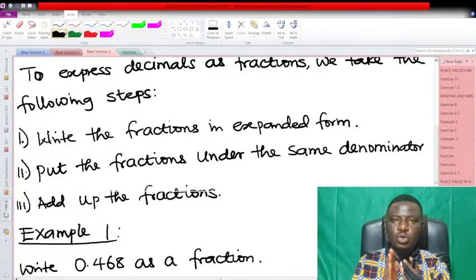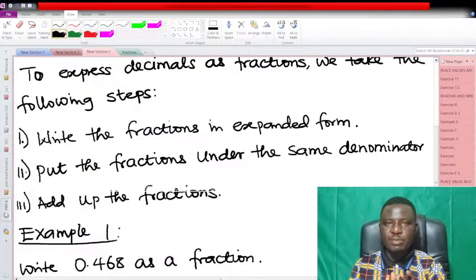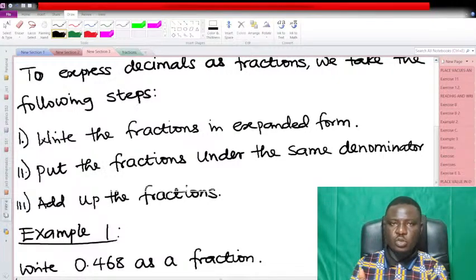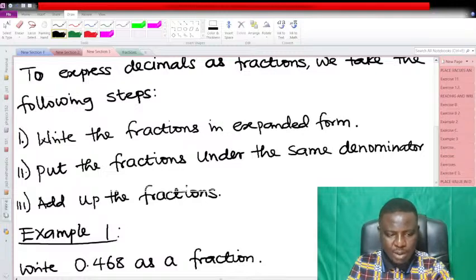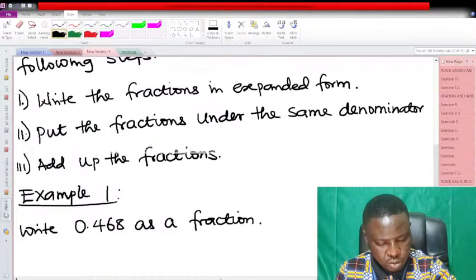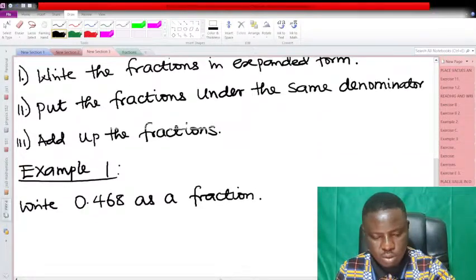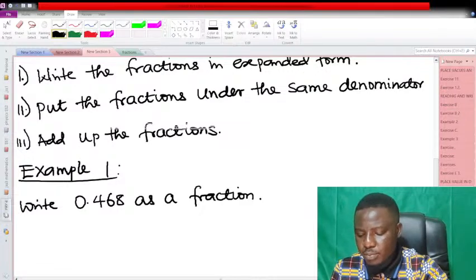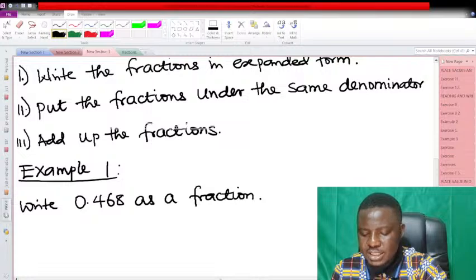So I'm going to use these 3 steps in order for us to express decimals as fractions. I will show you how to express decimals as fractions, and in turn, how to express fractions back to decimals. Although we have done some of it, I'm going to do it. So example 1, we are asked to write 0.468 as a fraction.